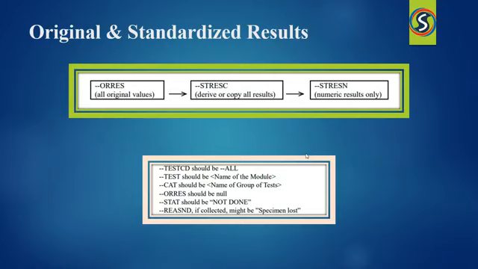Your original results variable contains the result of the measurement or finding as originally received or as collected. Original results is an expected variable and should always be populated with two exceptions.